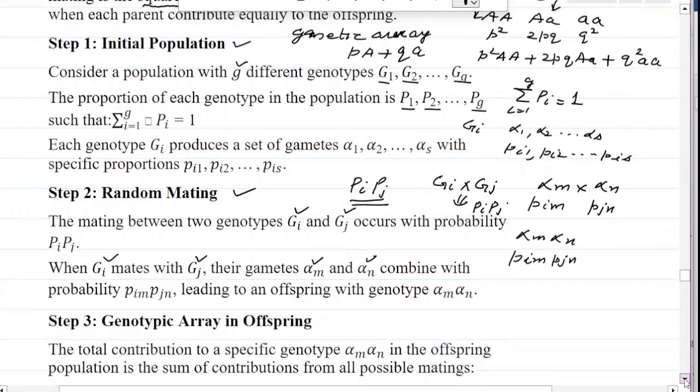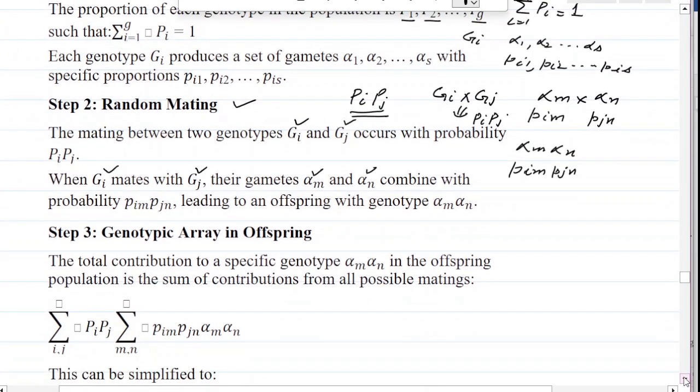Now let us talk about the genotypic array in the offspring. The total contribution of a specific genotype, that is, we have produced the alpha m alpha n genotype, is the sum of contributions from all possible matings.